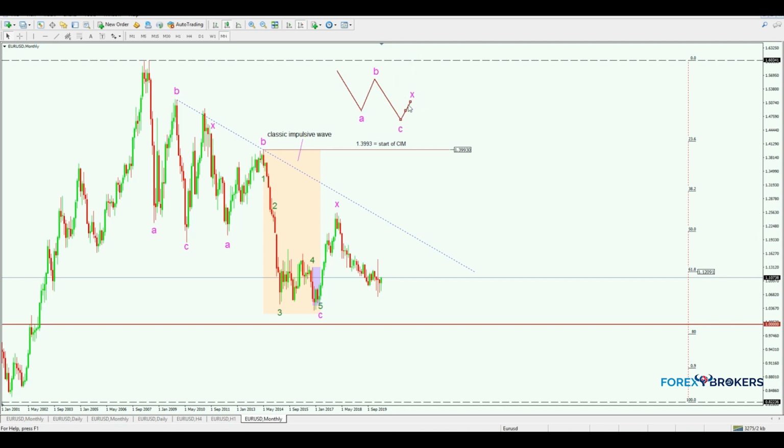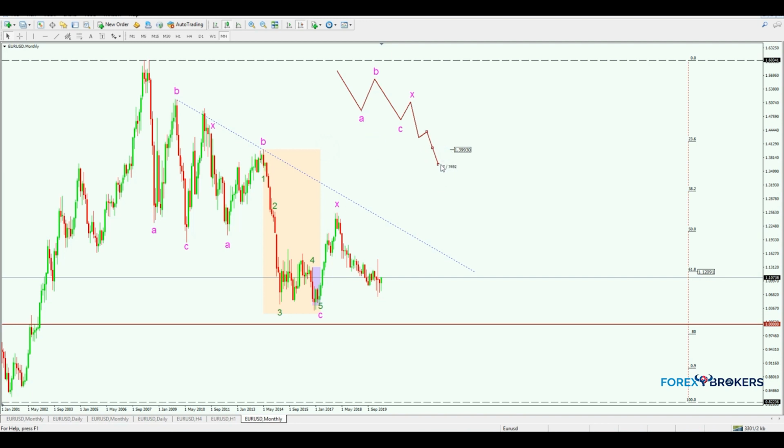Then the market goes straight to the downside into an ABC. Let's go A, B, C. For the sake of this analysis, ignore this line here. Actually, let's delete it a bit. Like this.